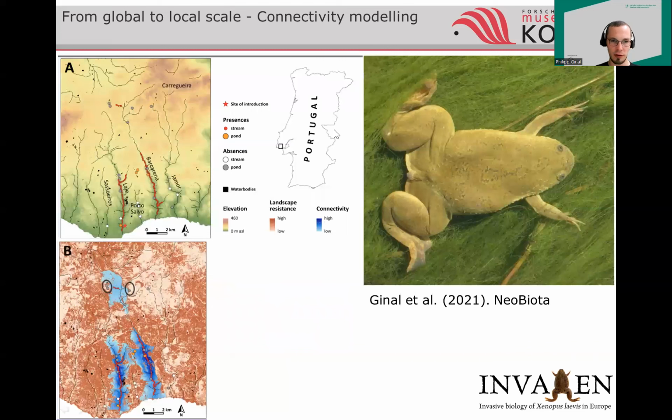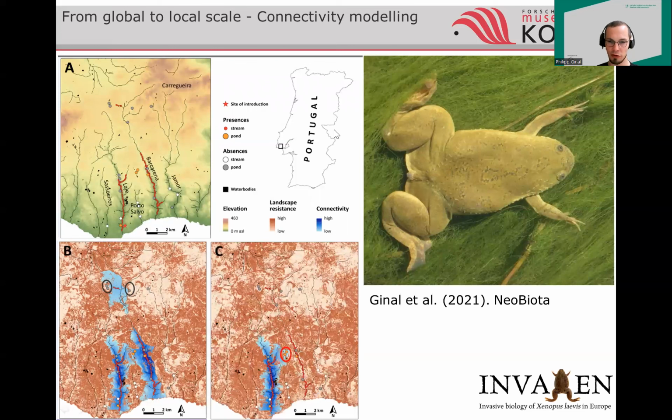And here you can see our results. First, we have the identification of routes into other regions which could be invaded by Xenopus, and indeed we found some, and this knowledge can be used to block these corridors to hamper the further spread of Xenopus.